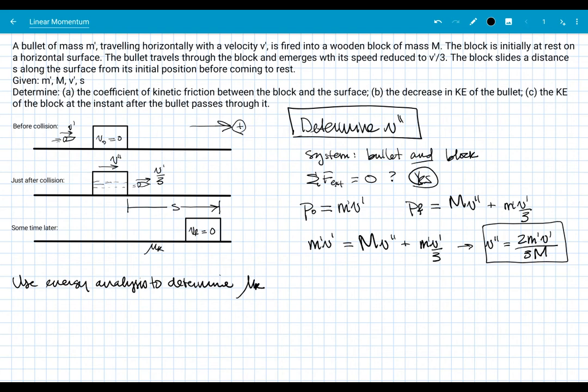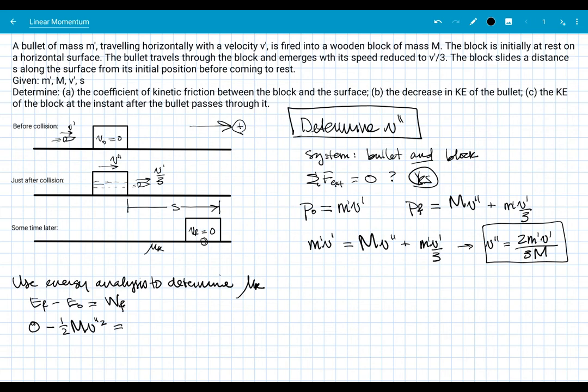So I'm going to use final energy minus initial energy equals work done by non-conservative forces. In this case, that's just friction along the interface between the block and the horizontal surface it's resting on there. So my energy final for the sliding block is 0. My energy initial for the sliding block is 1/2 m v double prime squared, and I know I can express v double prime in terms of givens, equal to the work done by friction.